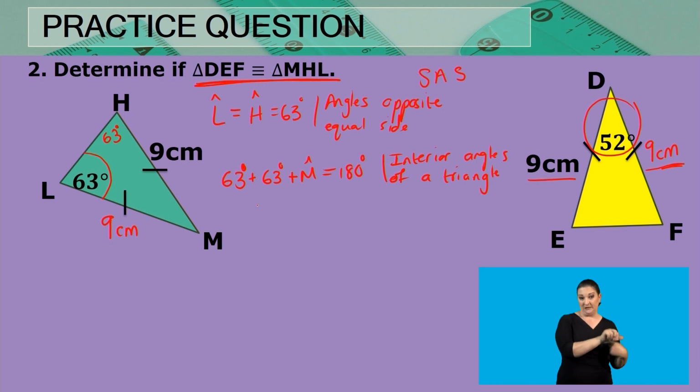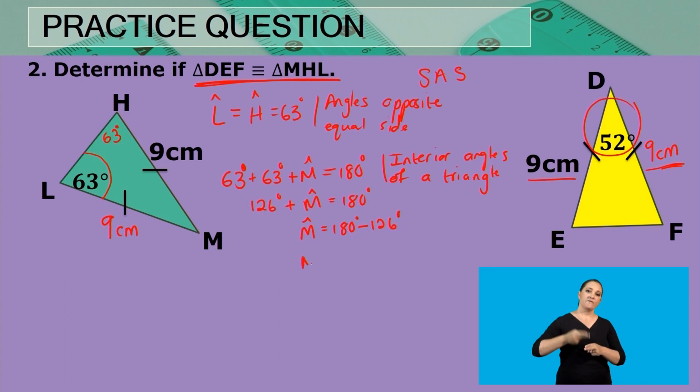Now 63 plus 63 is 126 degrees, and 126 degrees plus M equals 180 degrees. Using the additive inverse of 126, we get angle M equal to 54 degrees, which comes from 180 minus 126.